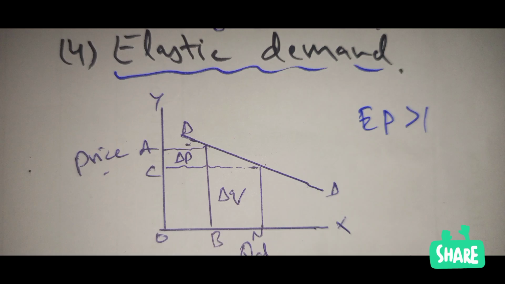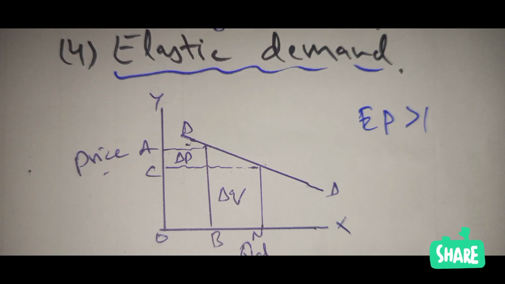The 2 is more than 1, and the values which are more than 1 show the elastic demand, meaning more changes in demand due to small changes in price.